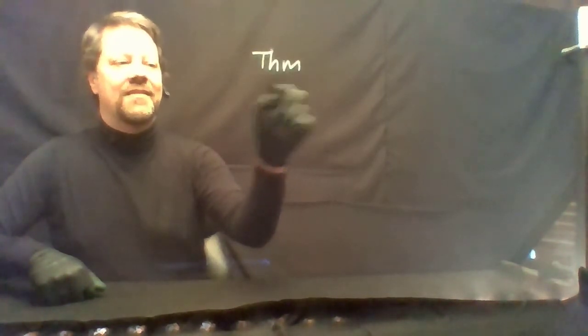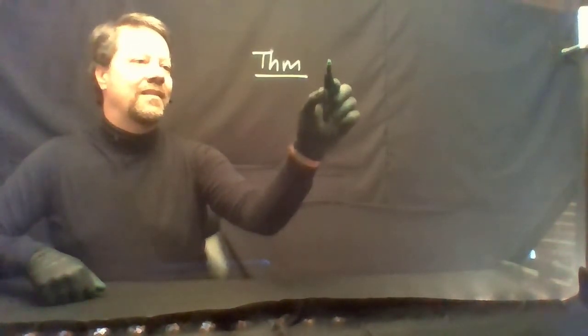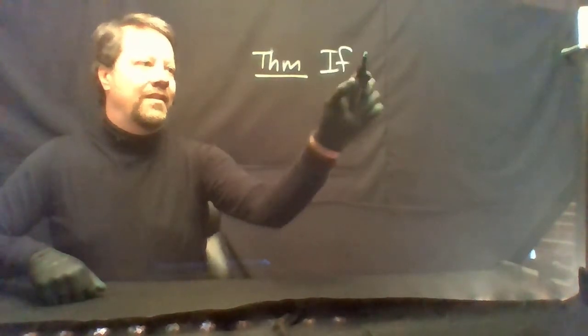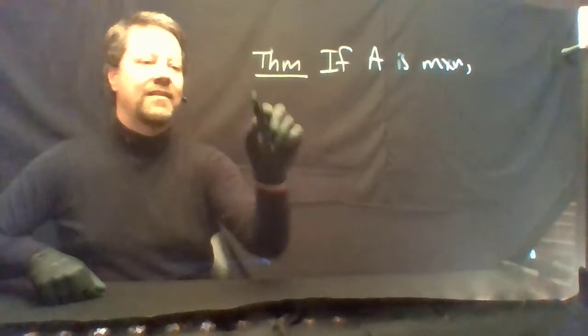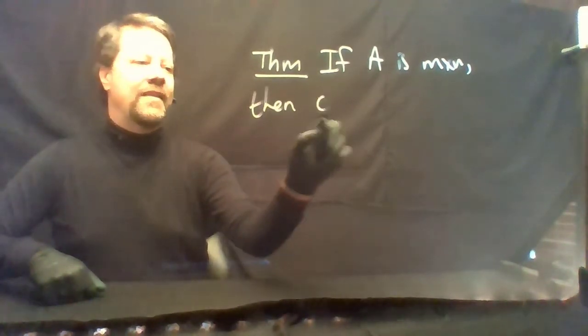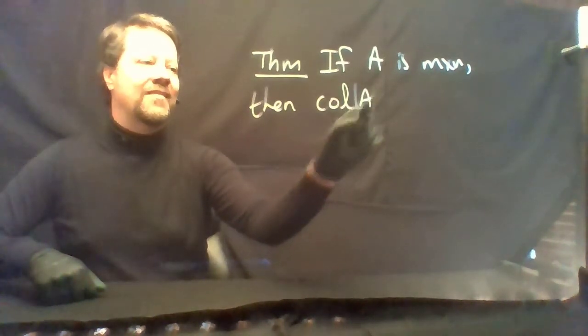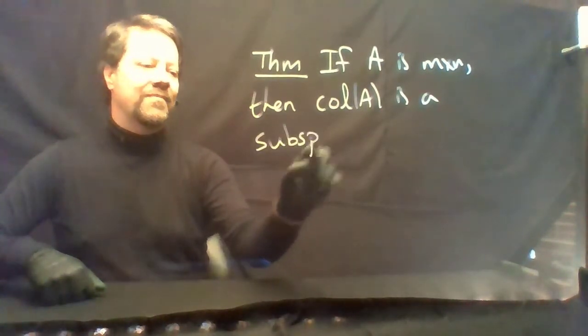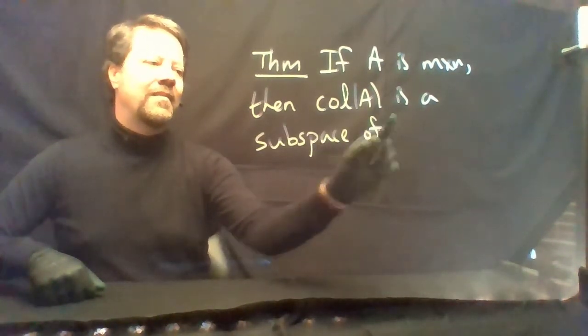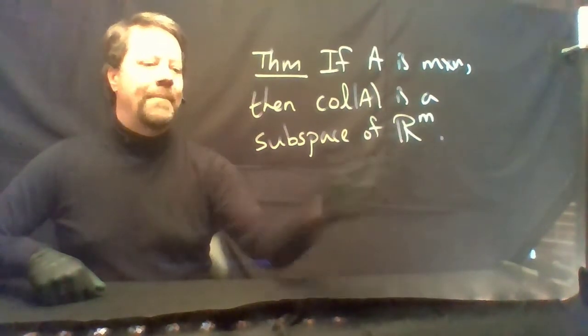We'll state this as a theorem. If A is M by N, then the column space of A is a subspace of Rm.